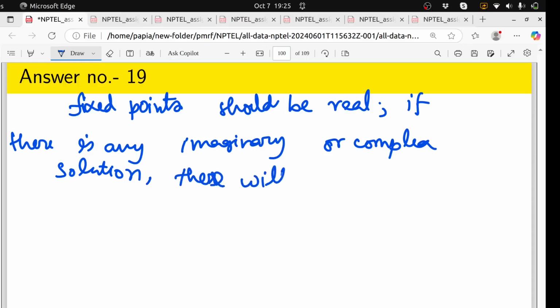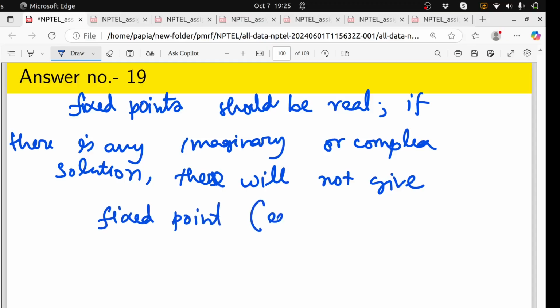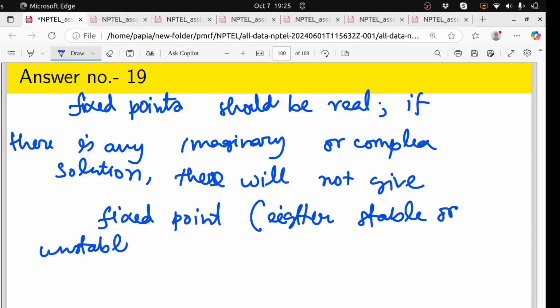these will not give a fixed point, either stable or unstable. Okay.